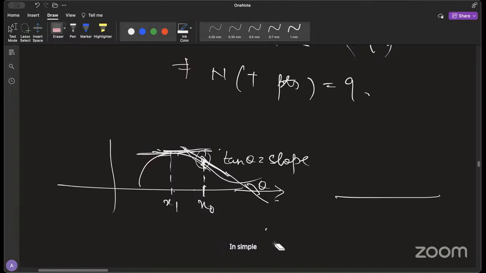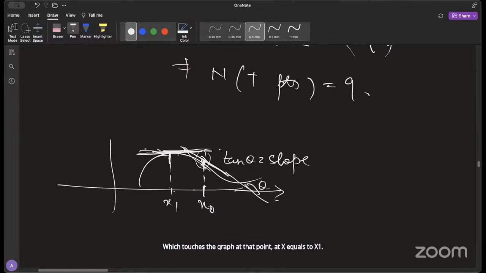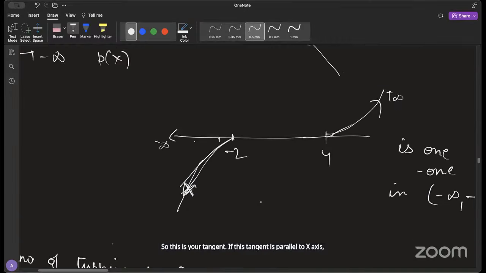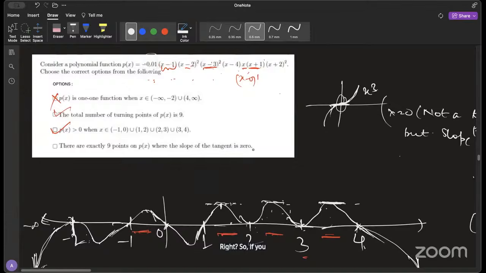In simple words, because I don't want to get into slopes and all, if you have the tangent at the point x equals x1, which just touches the graph at that point, and this tangent is parallel to the x-axis, then you say that your slope is 0.